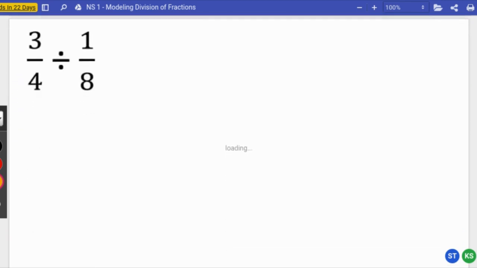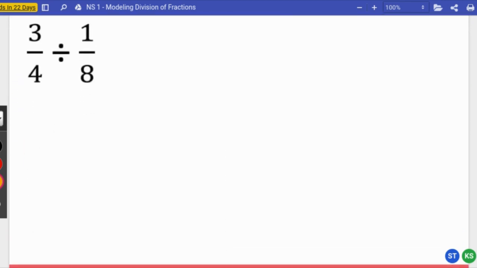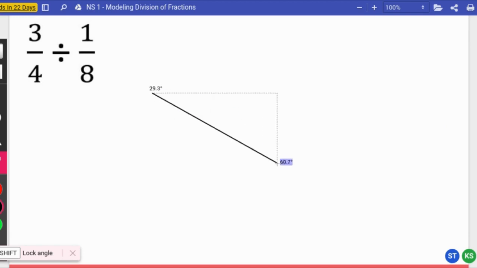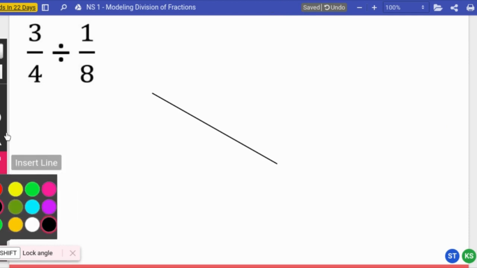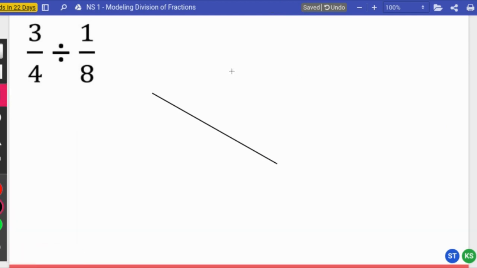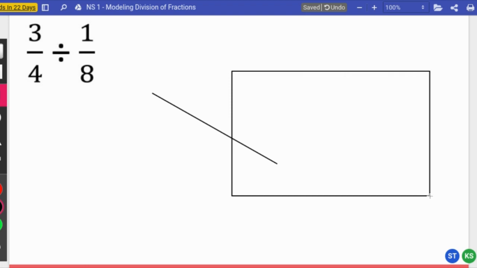Okay, so we're going to try that here. 3/4 divided by 1/8. So I'm going to draw my whole, which is not a triangle. I'm going to draw my whole over here and divide it into fourths.